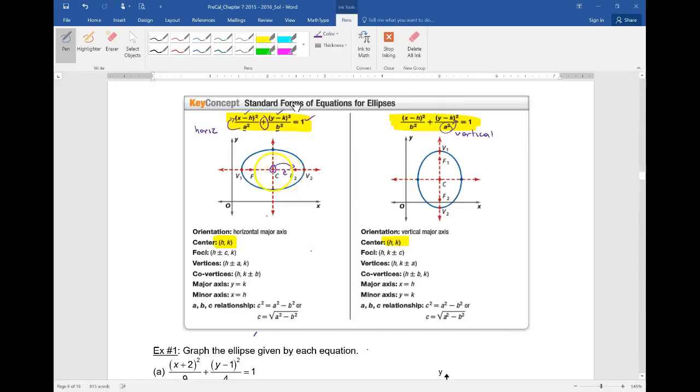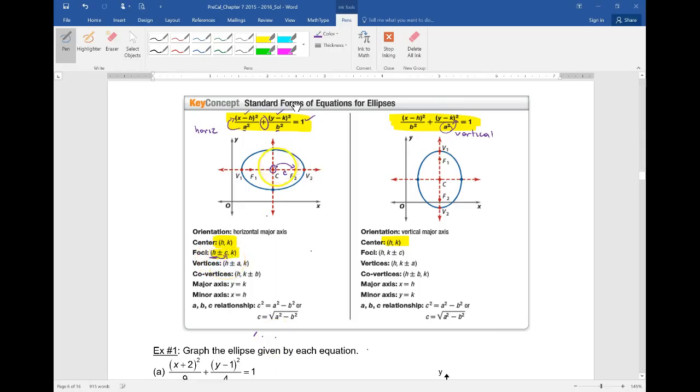That means if I'm at the center, I have to go 3 to the right, 3 to the left. That means whatever my H value was, I have to add that to my C. Okay? And K stays the same. So look, if everything is horizontal, the X value changes and you add C to it.